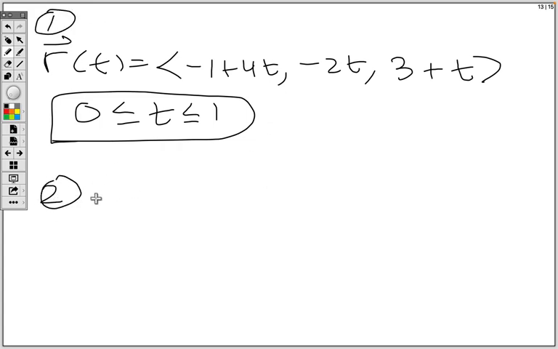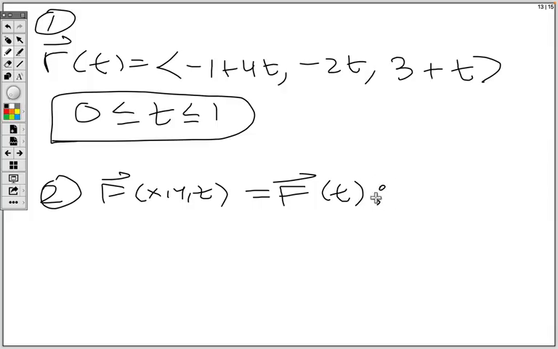Now step 2, we need to get our field F, which is a function of x, y, and z as a function of t. And the way we do that is on the curve, on this line segment, I have x, y, and z as functions of t. So once again, the line segment is packaged parametric.